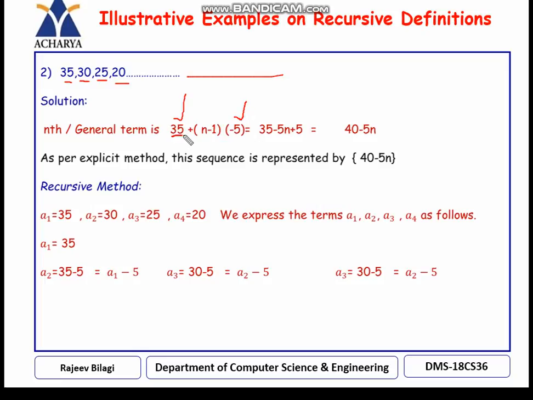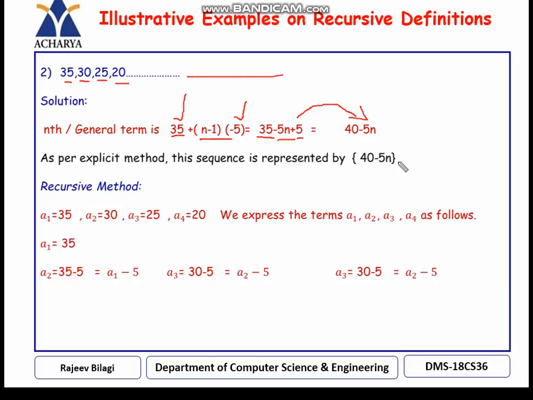So a plus n minus 1 d, here d is equal to minus 5. So this is equal to 35 minus 5n plus 5, which is 35 plus 5, 40, 40 minus 5n.